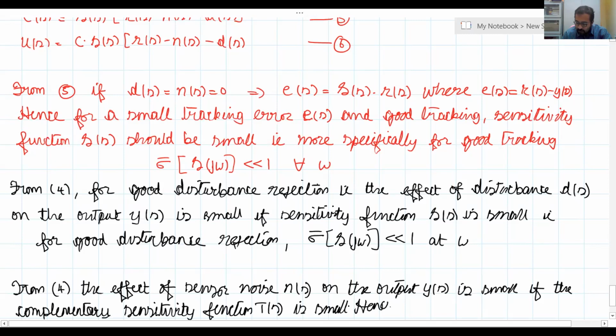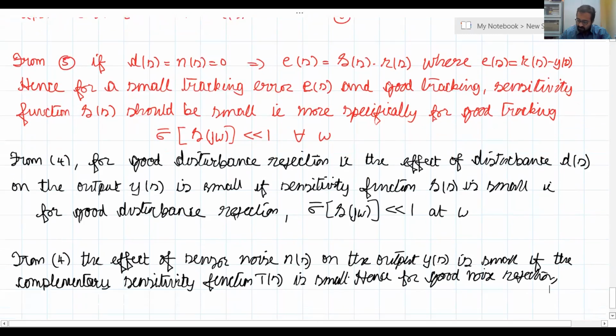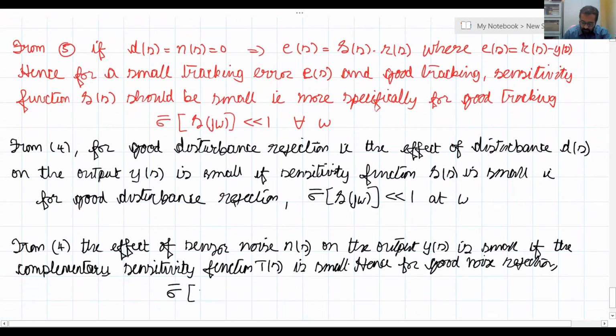Hence, for good noise reduction, what do we need? Sigma bar, the maximum singular value of the complementary sensitivity function, should be very much less than 1.